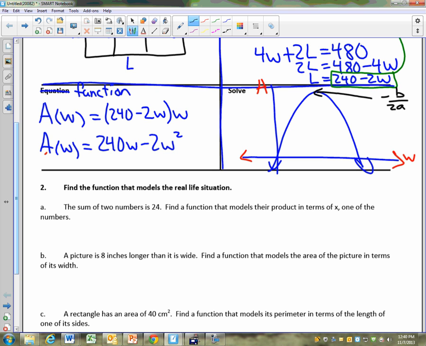How do you find the vertex? If we can find the maximum point of that graph, or the vertex of that graph, we can then maximize the area. All I do is take negative b divided by 2a. What's negative b? Negative 240. What's 2 times a?